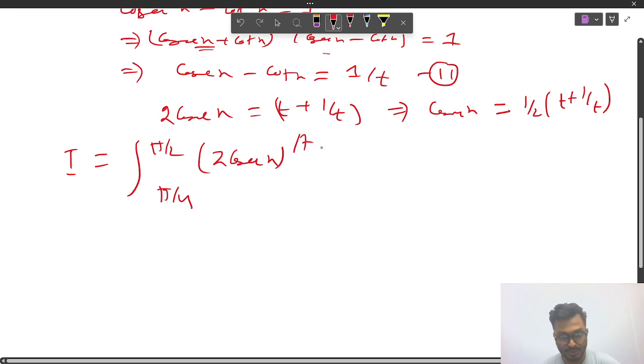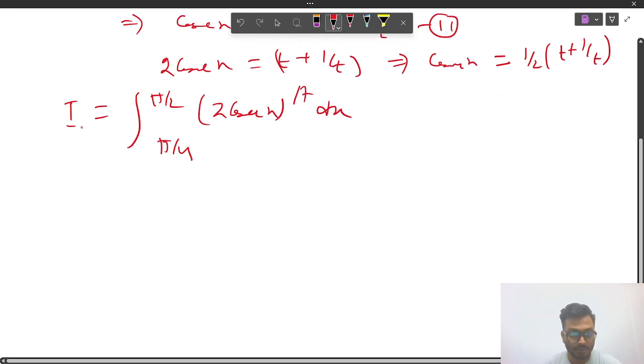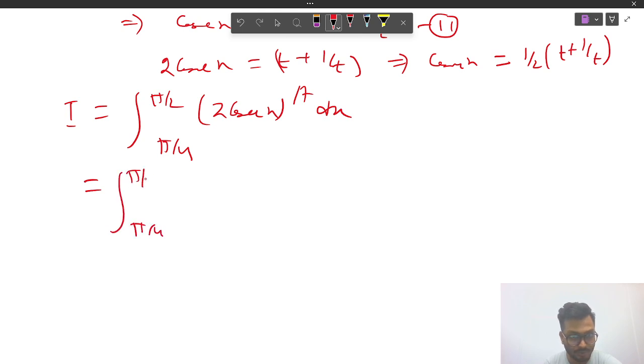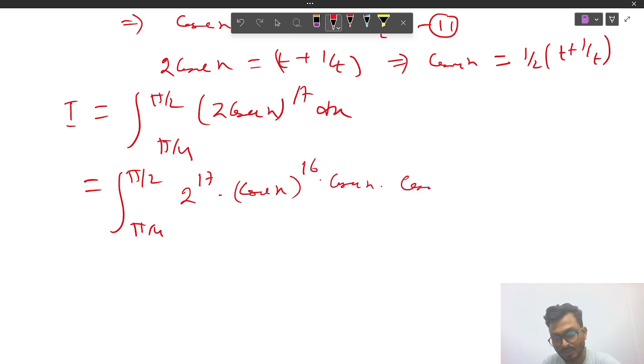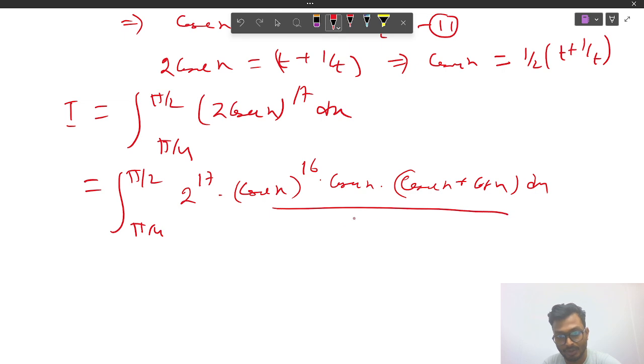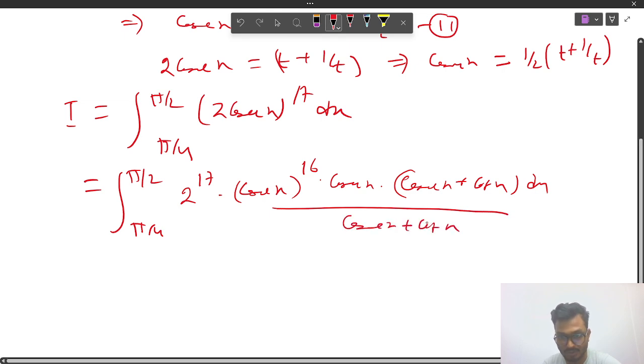Let us break this into some parts. From pi by 4 to pi by 2, we can write it as cosec x to the power 16 into cosec x into (cosec x plus cot x) dx upon (cosec x plus cot x).